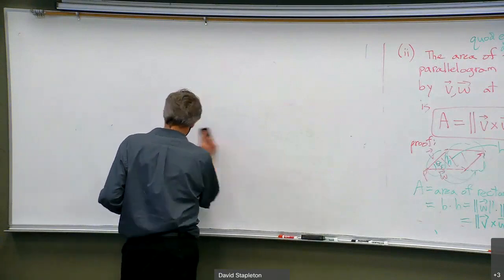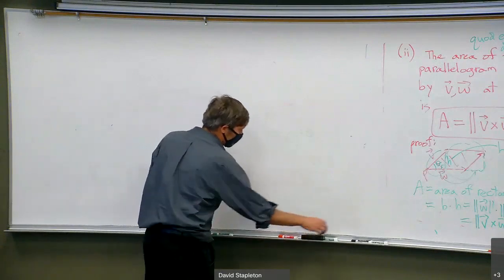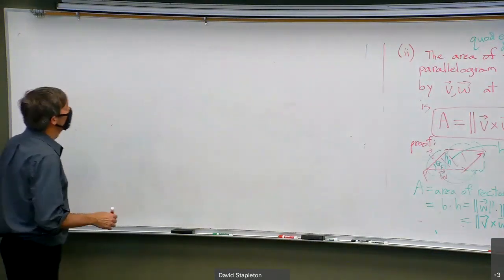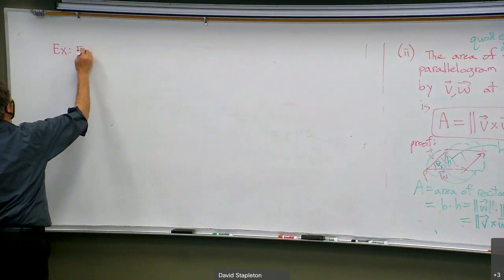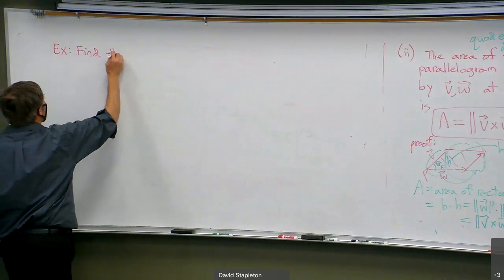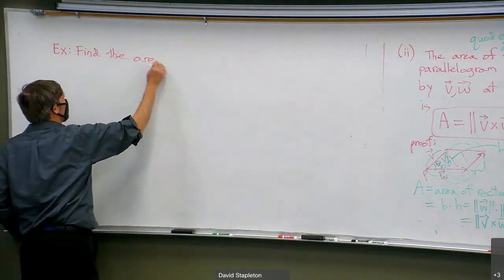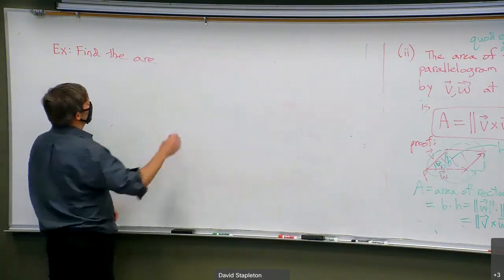All right, now let's use that to do this even more interesting problem. Example, find the area of this triangle lying cockeyed in three-dimensional space.